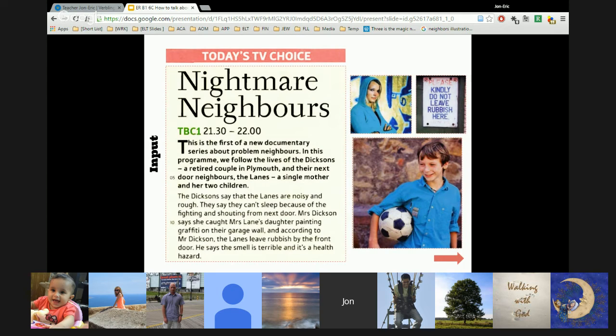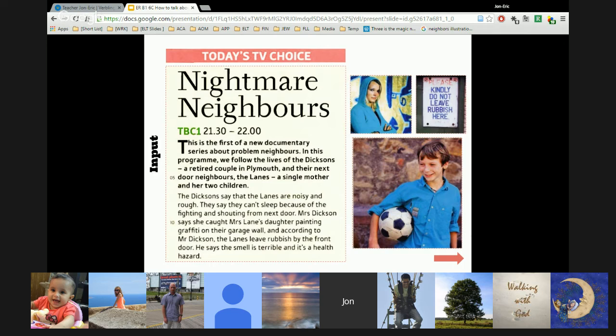You mean the graffiti? Yeah, graffiti. Good. And where do we see that? Line 11, right. Mrs. Lane's daughter painting graffiti on the garage wall. Okay, very good. So we've got animal problems in line 9. We've got fence and wall problems in line 11.